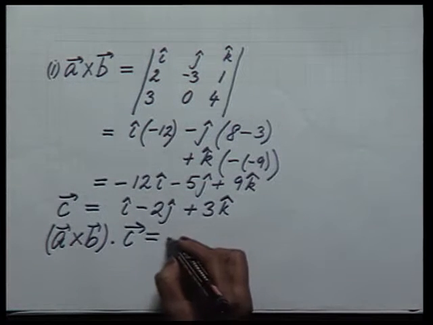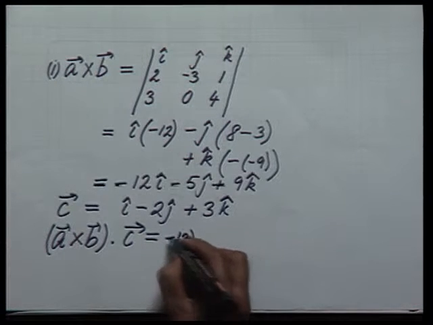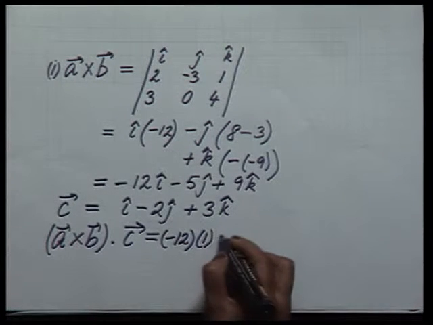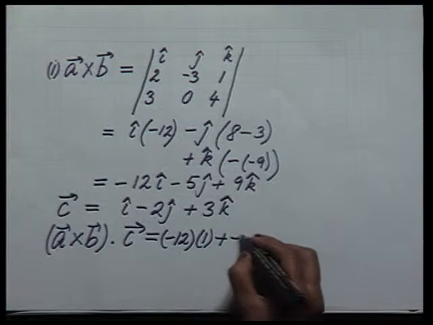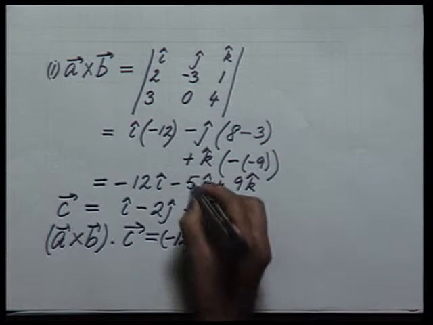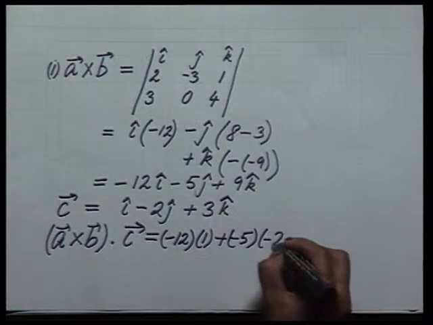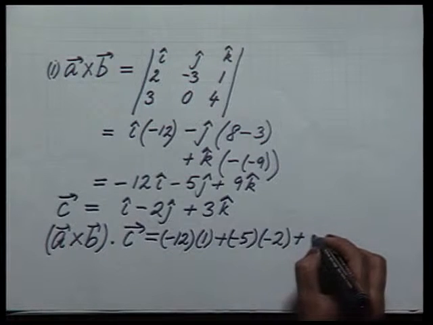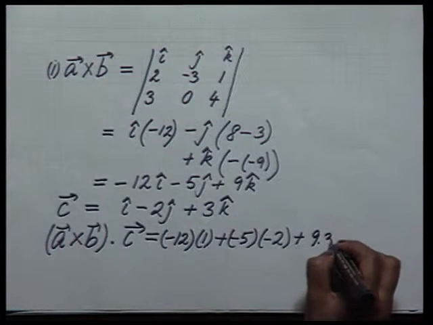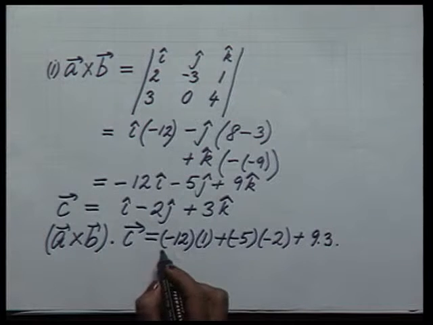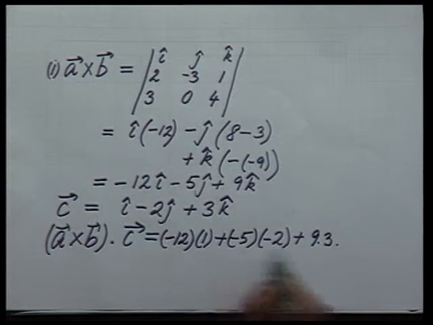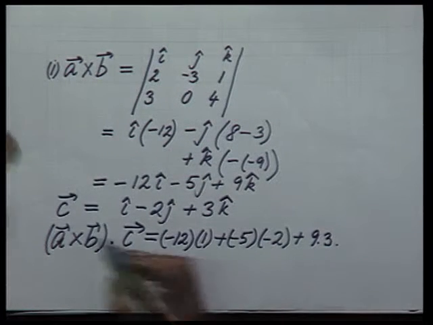So, that is equal to minus 12 into 1 plus minus 5 into minus 2 plus 9 into 3, and this you can simplify. This will turn out to be a scalar.